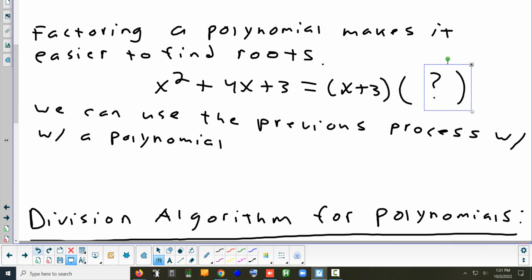Division is a little bit more complicated than just dividing two numbers, but it's still the same idea. And I'm going to show you how you would divide these two things using what's called long division.